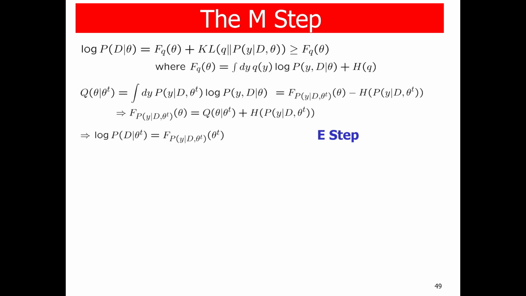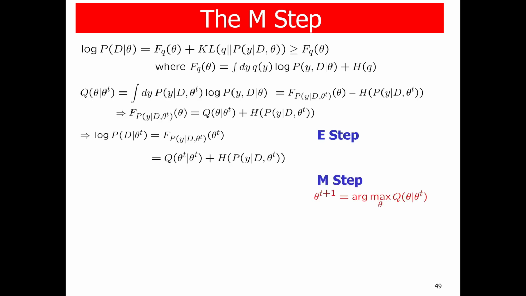We already discussed that in the E step, we set the lowercase q distribution to P(y given D and theta t), and then the free energy function F will touch the log likelihood function from below at the point theta t. Using this above mentioned identity for the free energy function, we can rewrite this term with the function Q and entropy H.